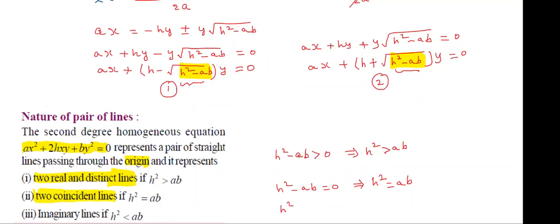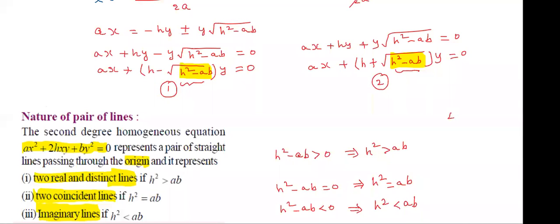Next, h square minus ab less than 0, that means h square is less than ab. In this case, we will say that the two lines are imaginary lines. Already you know the nature of the quadratic equation.